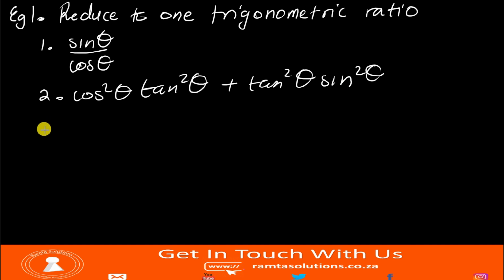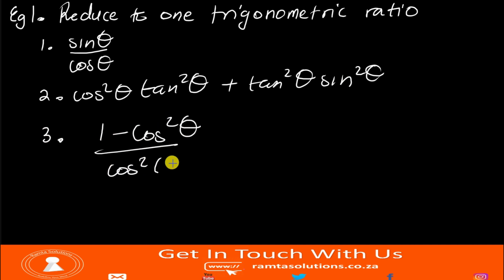Now, number 3, we will try (1 minus cos squared theta) over cos squared theta, minus tan squared theta. They say reduce to 1 trigonometric ratio. In other words, you must have at most only 1 trigonometric ratio in your solution.